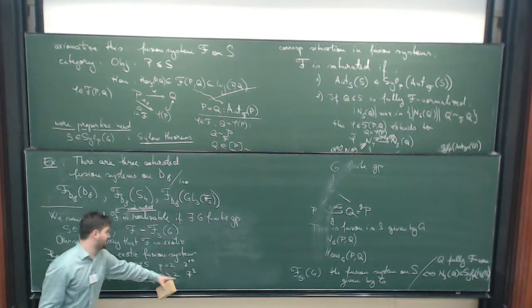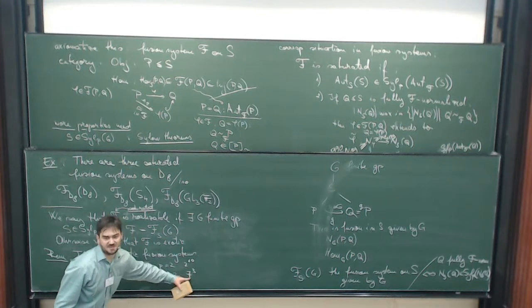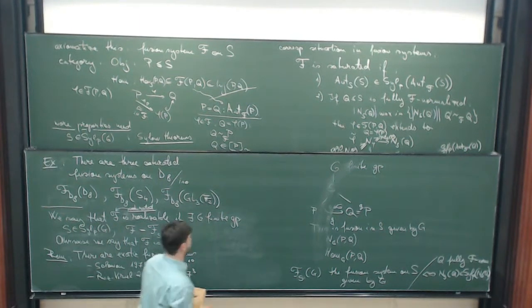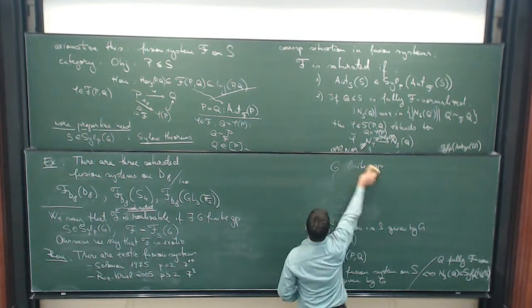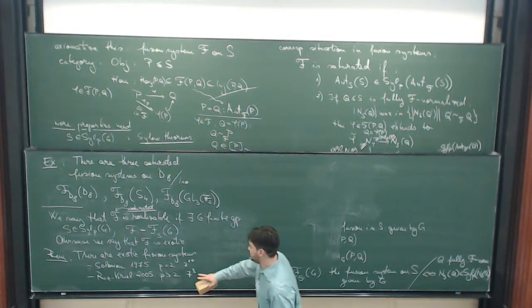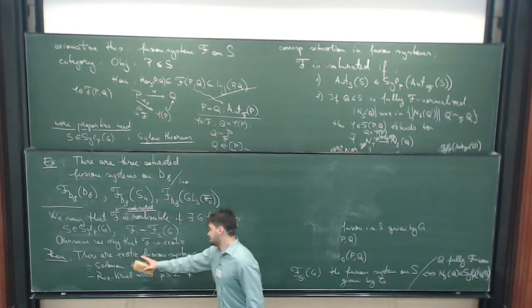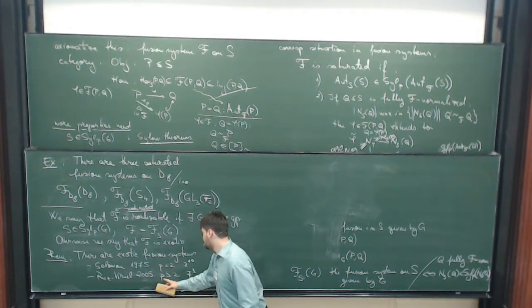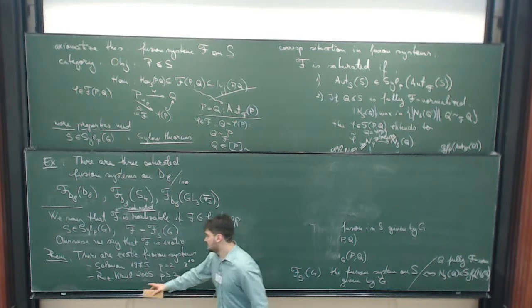Those are extra special of order 7 cubed. So what I wanted to say is that for p equals 2, there are just those families that were discovered at the time, and for p odd there are multiple examples.